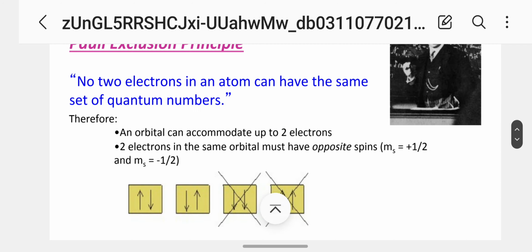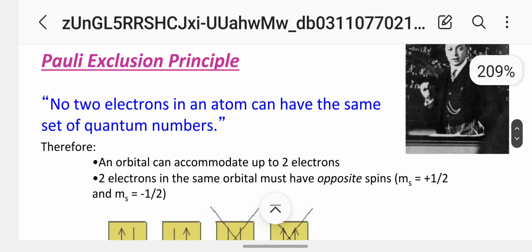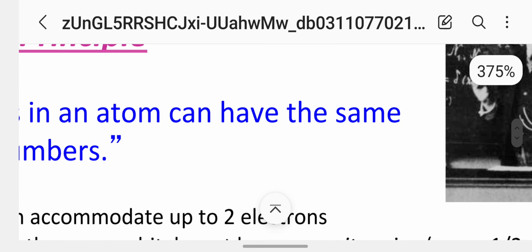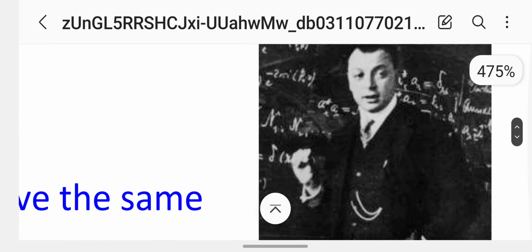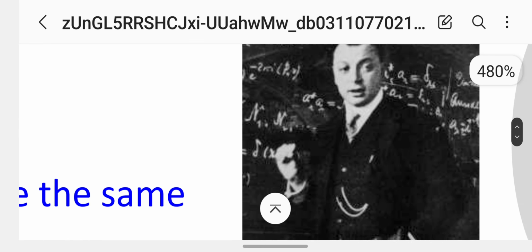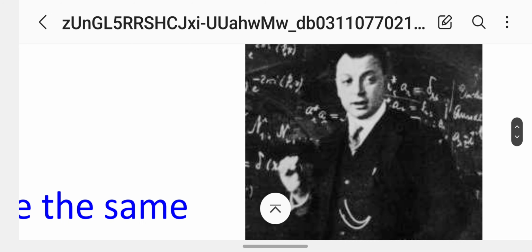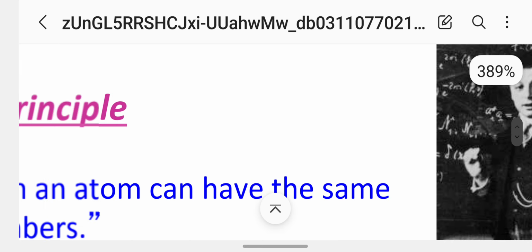Now let us move towards our general explanation about the Pauli exclusion principle, which was described by a scientist, an image of whom is shown, standing near a board and lecturing, presenting something, or might be talking to his friends.